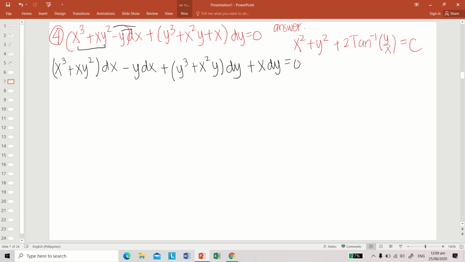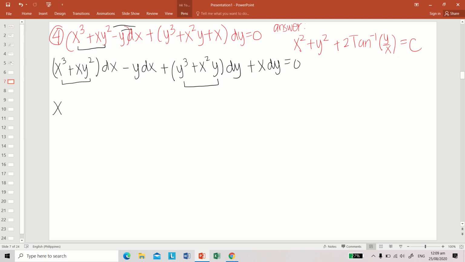So by pairing up all the terms, but first I'll factor x on this side, then I'll factor y on this side.